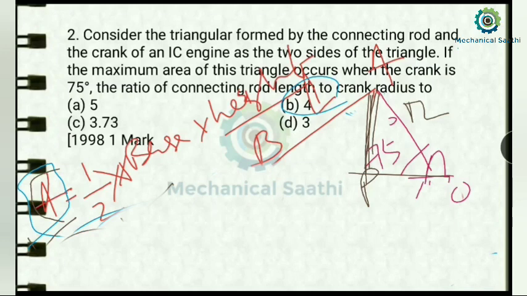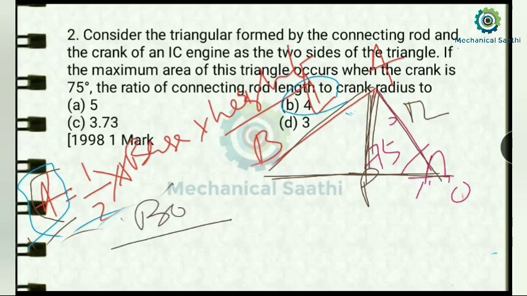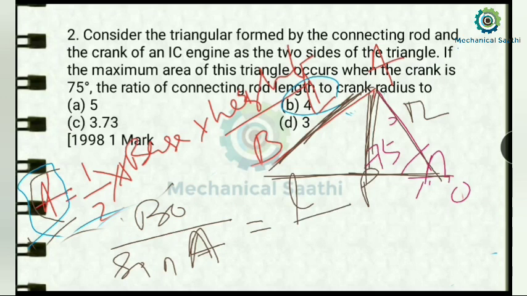In BO, that means we need to consider this triangle over here, and we can apply the sine law for finding the value of BO. Applying the sine law, BO and the sine of the opposite angle, that is sine A. So BO divided by sine A will be equal to the length of the connecting rod, L, divided by the sine of the opposite angle, that is sine 75.